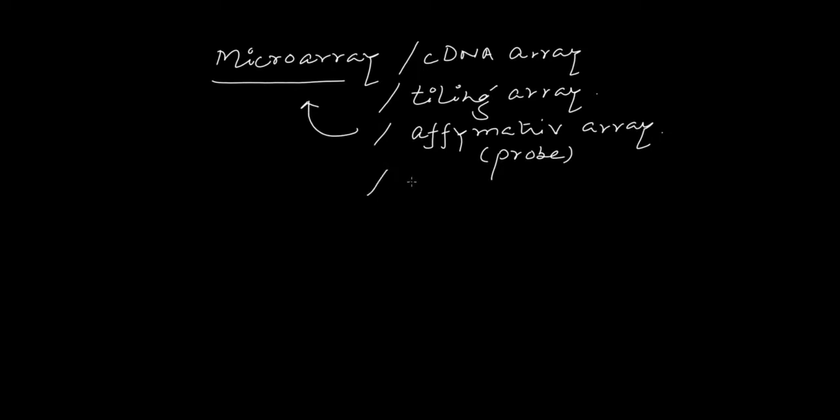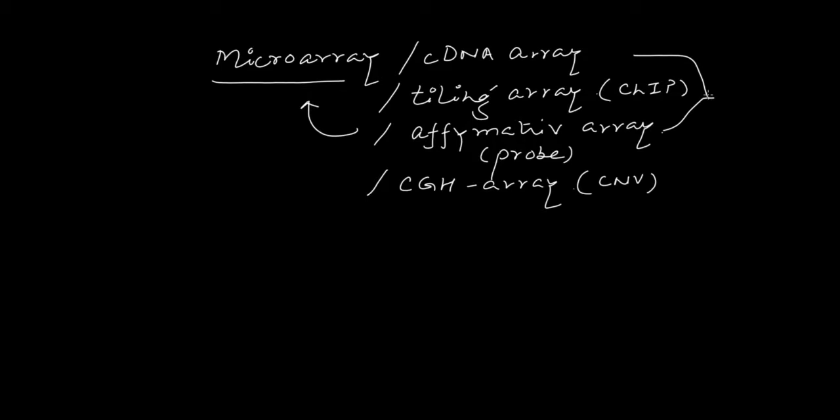It is also called comparative genome hybridization array (CGH array), which is applied to identify copy number variation or CNVs. Tiling array is basically used for ChIP, right? And cDNA array is basically for expression.